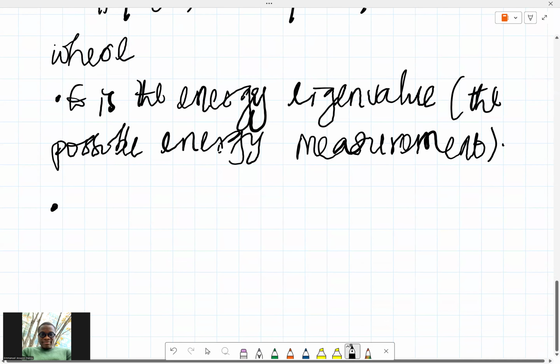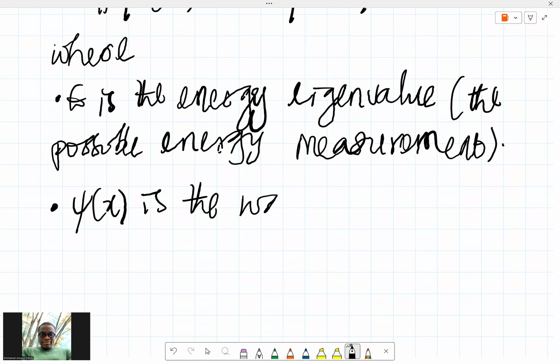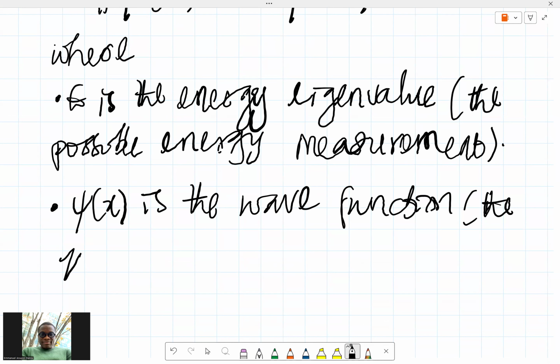Then we have phi of x, which is the wave function, the quantum state associated with E.